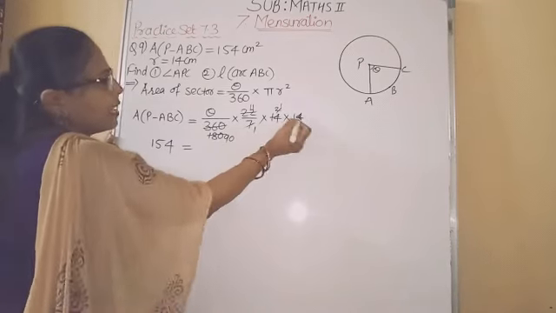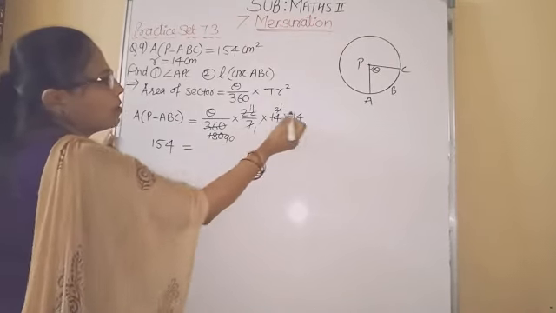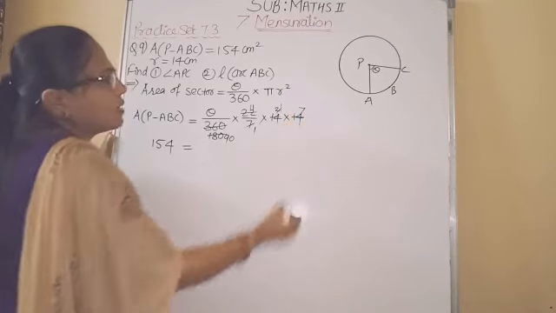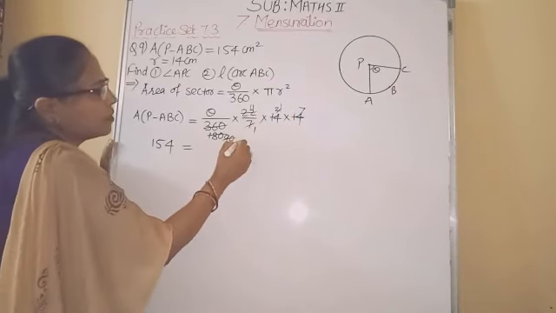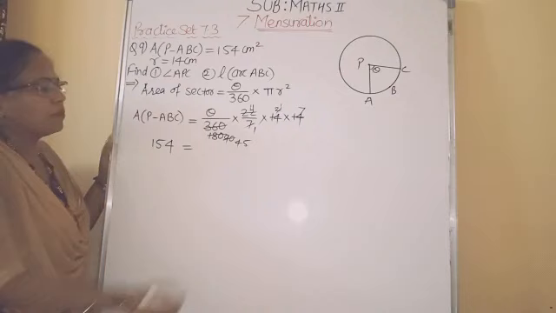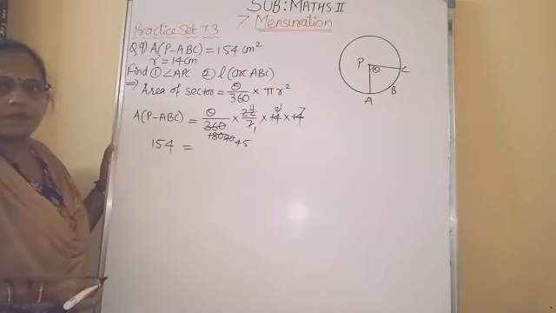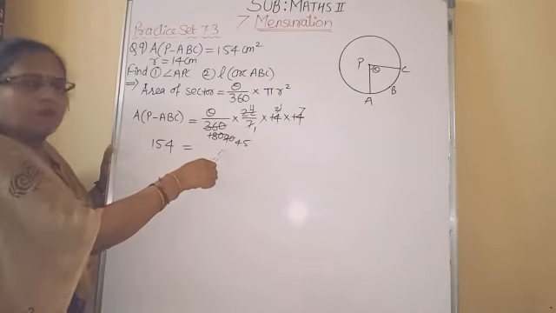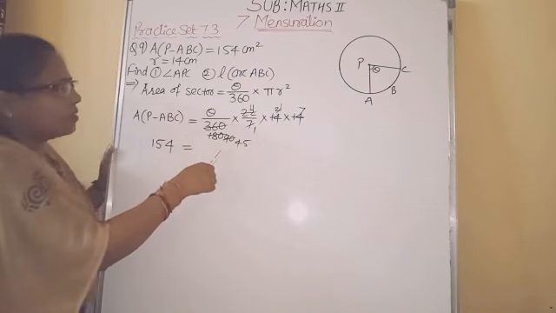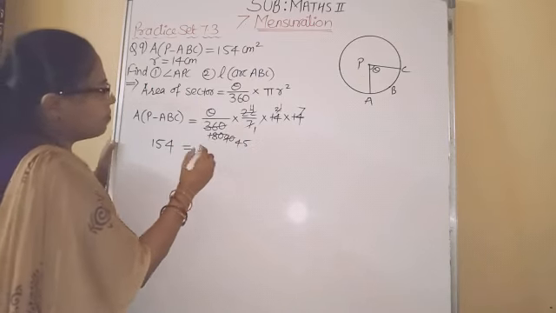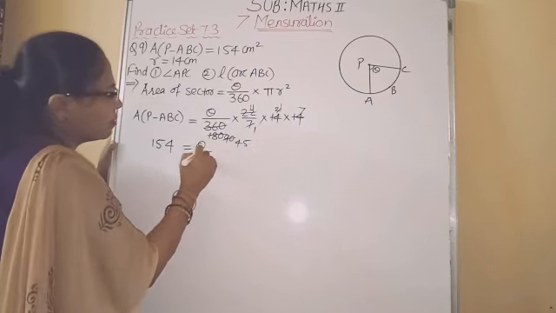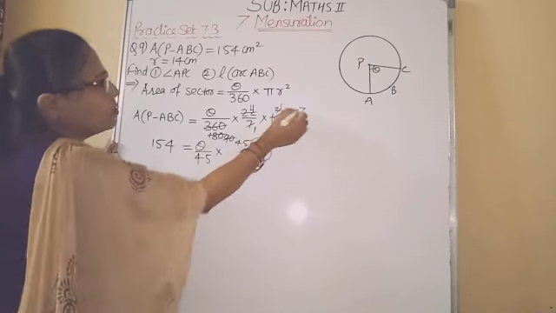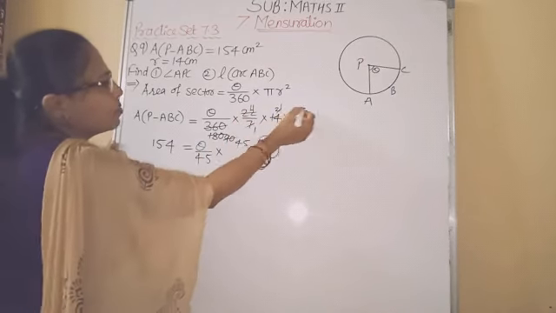Again this 14 and 90 divisible by 2. 2 7s are 14, 2 45s are 90. Follow this simplification. So here we have theta upon 45 into 7, 11 into 7.